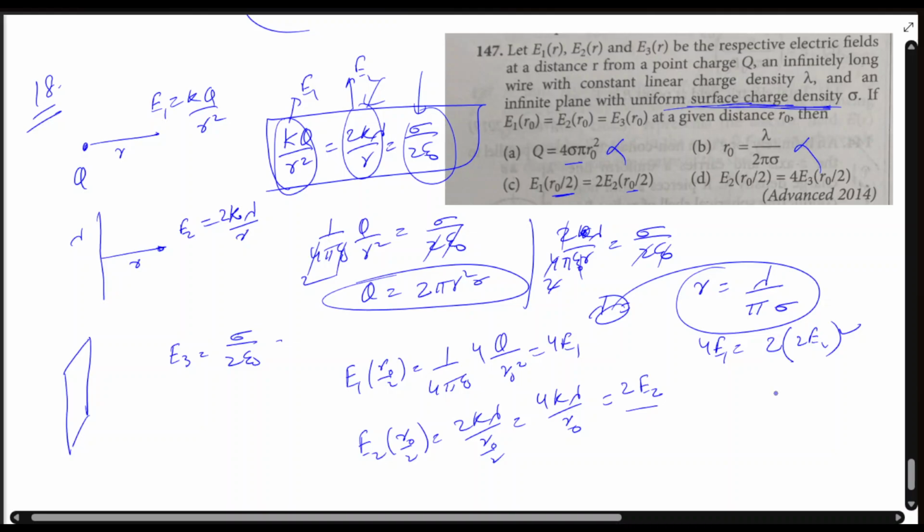Yes, this is correct. Now why I'm saying this: look, we know E1 and E2 are equal, right? So let's say it is dash, it is dash. So for E1, I can write 2E1 because E1 and E2 are equal. So E1 dash is equal to twice of E2 dash.